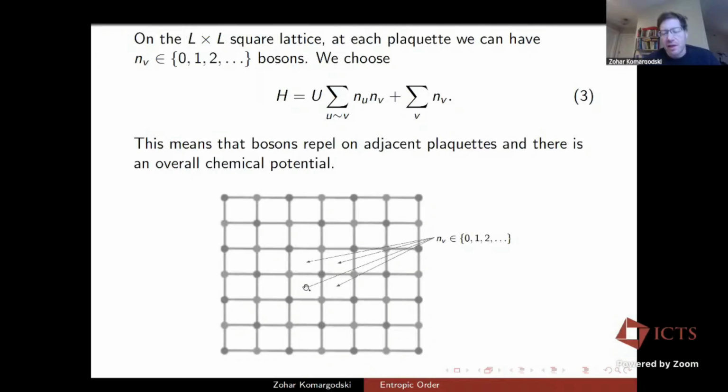And at each plaquette, you can put a non-negative integer: 0, 1, 2. What does this integer represent? It represents, let's say, how many bosons live on this plaquette. It's some kind of classical Hubbard model, if you want.